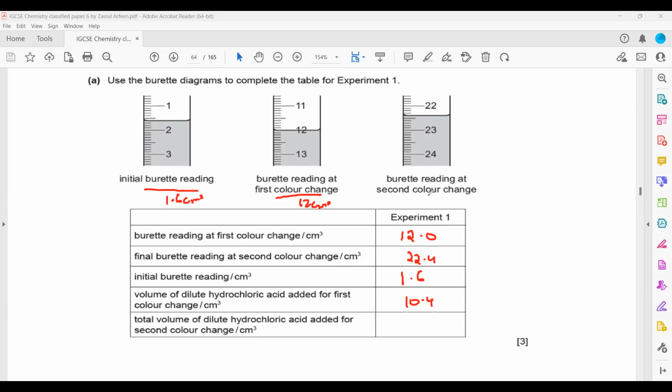And for the second color change, this value is how much? This value is 22.4. So for the second color change, the total volume which is removed from the initial, because we need the total volume of hydrochloric acid added.